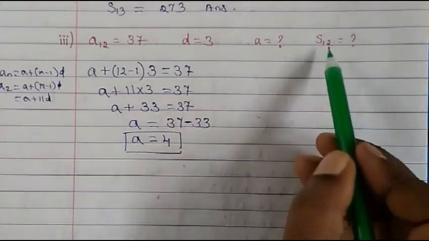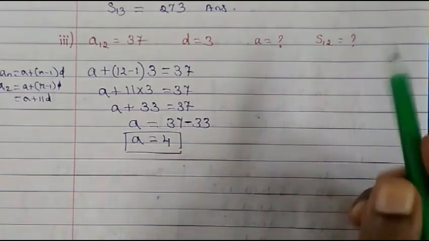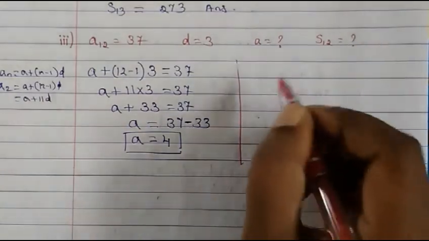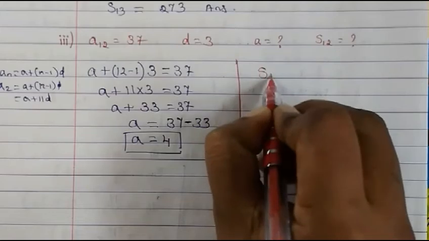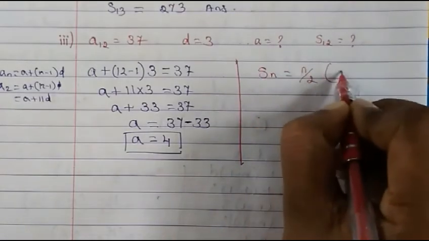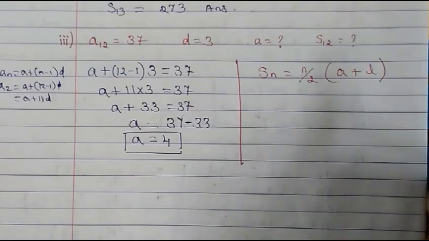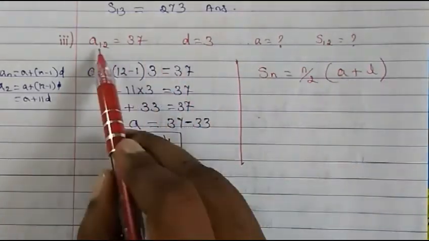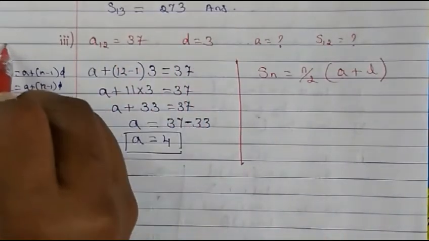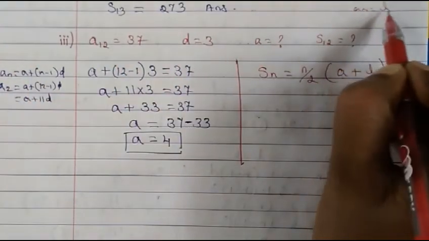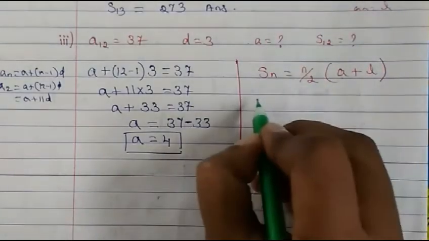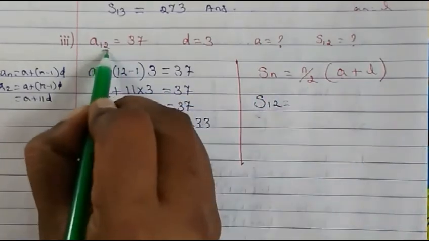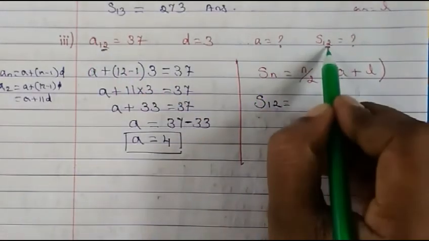Now what we have to find is S12. So let's write down the formula: Sn equals n upon 2 times (first term plus last term), because we know the first term, that is the a value, and the last term is An. I told you An is equal to the last term. So for S12, the n value is 12.